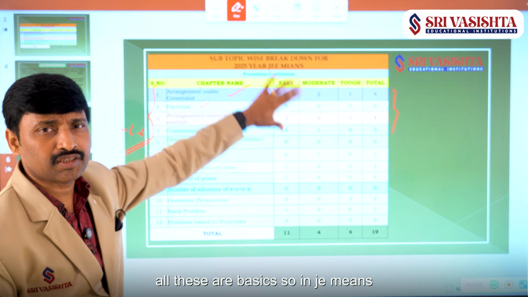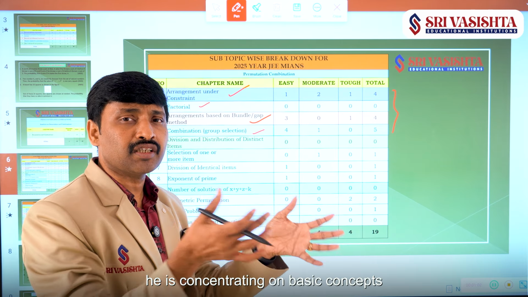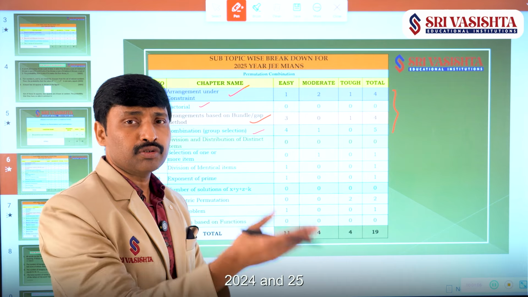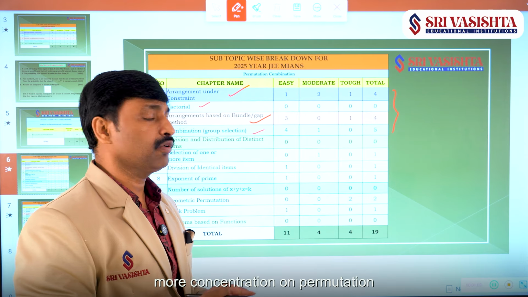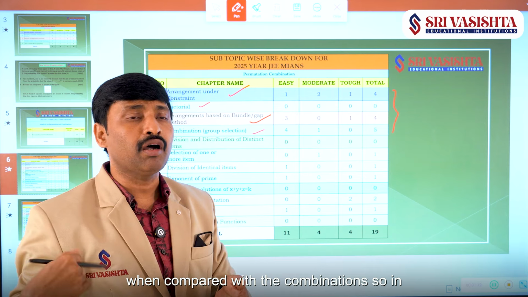All these are basics. In JEE Mains, they are concentrating on basic concepts of permutations, especially in 2024 and 25, more concentration on permutations when compared with combinations.